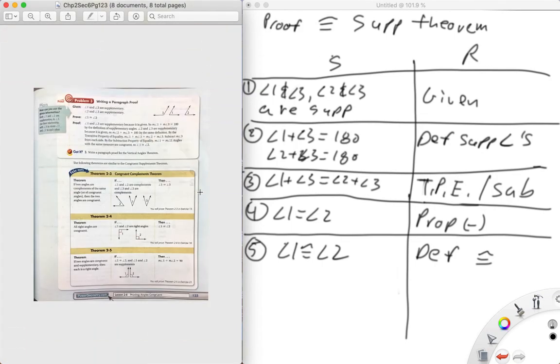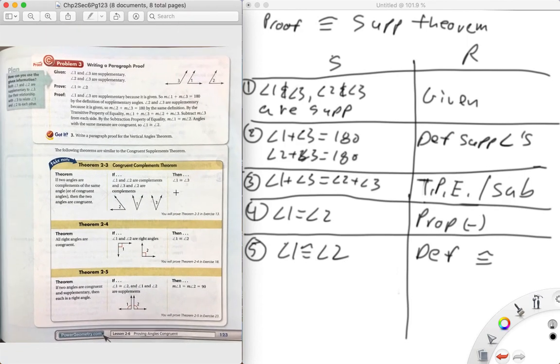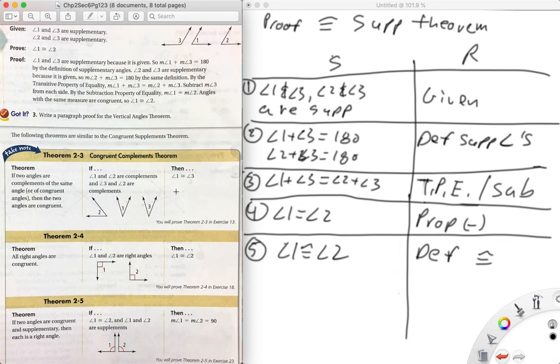Alright, so they give us some more theorems. We just talked about the congruent supplements theorem.